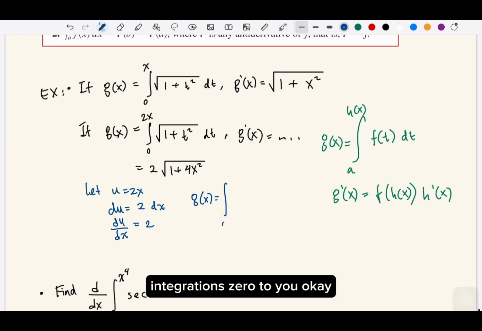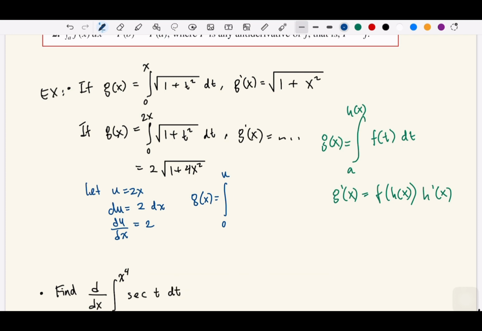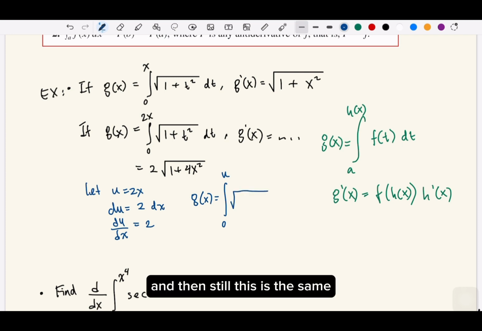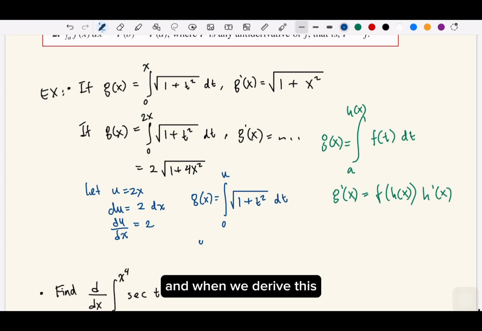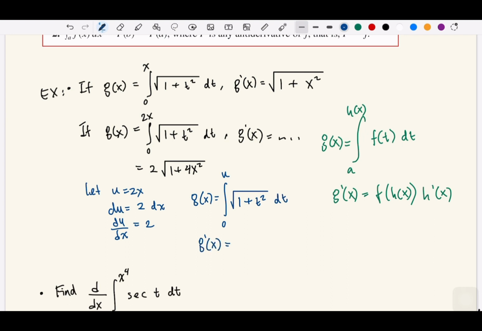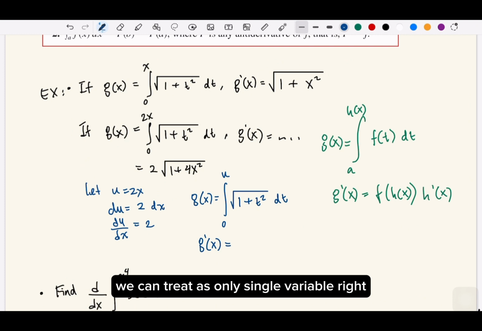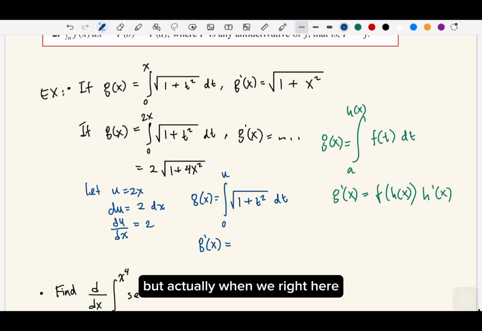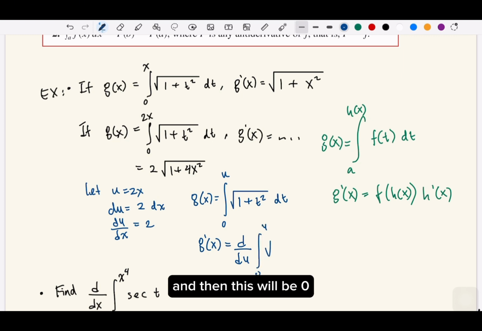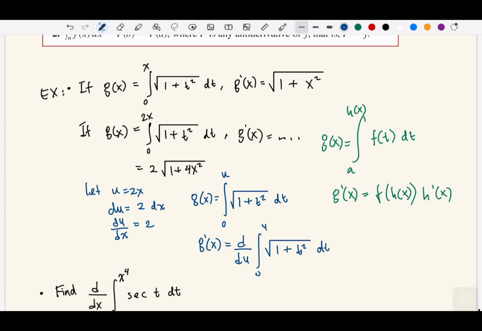Okay, now we can write the whole integration from 0 to u, and then still this is the same. When we differentiate this, we can treat it as only a single variable, right? But actually when we write here, this is d/du of the integral from 0 to u of 1 plus t squared dt.